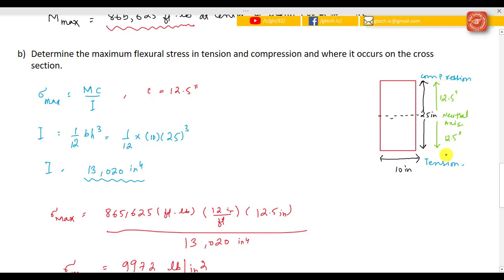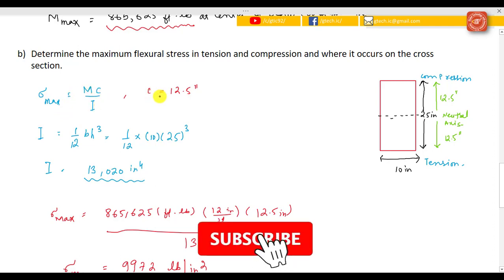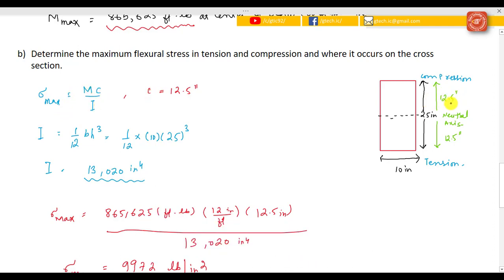So we can find the maximum flexural stress by using this formula, that is sigma max is equal to Mc over I. So the c from this figure would be equal to 12.5. For the moment of inertia, I is equal to 1 by 12 b times h cubed.